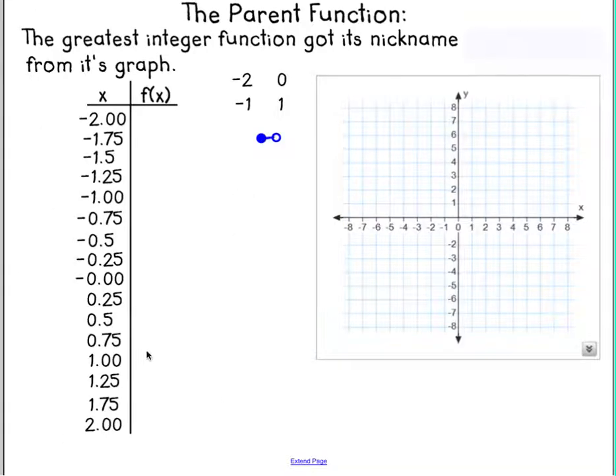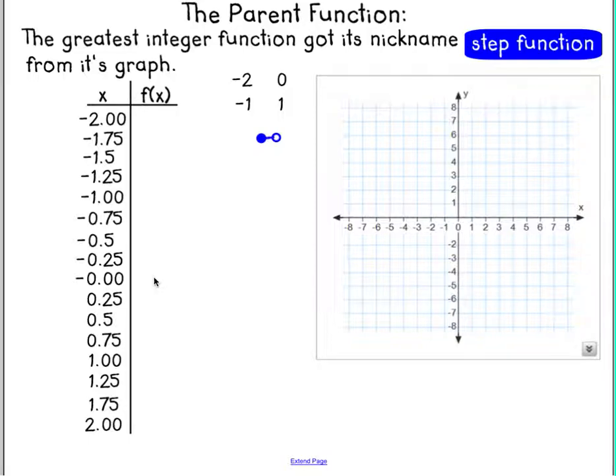So let's look at what this means for the parent graph. Again, the greatest integer function got its nickname, step function, from its graph because it looks like little steps. I start putting in x values, and I'm going to look at a lot of decimals in this one.